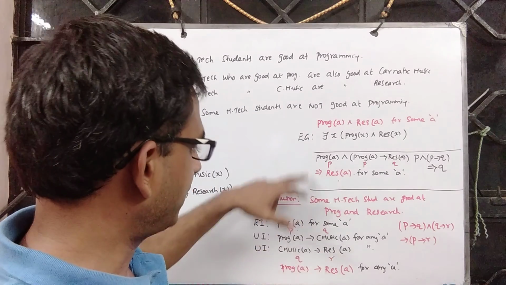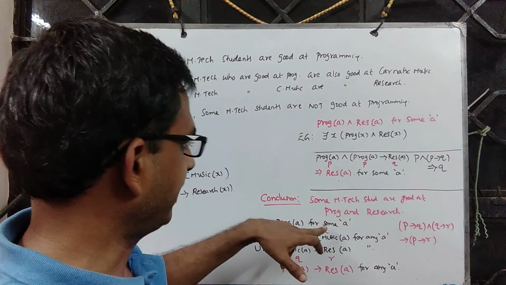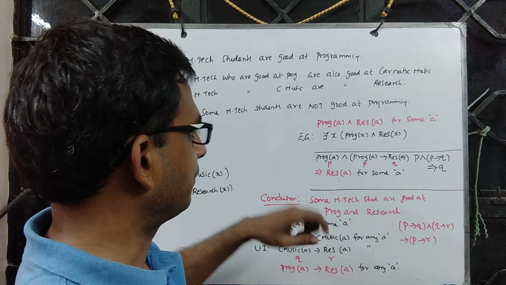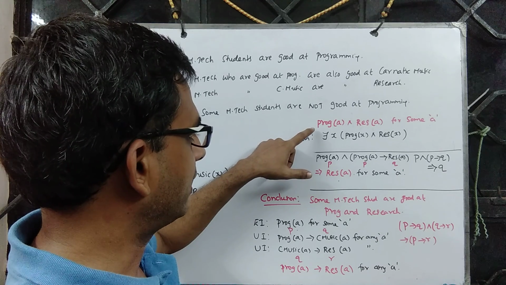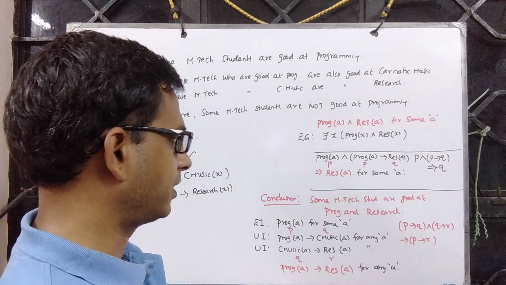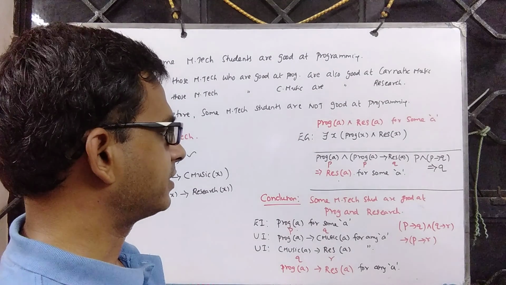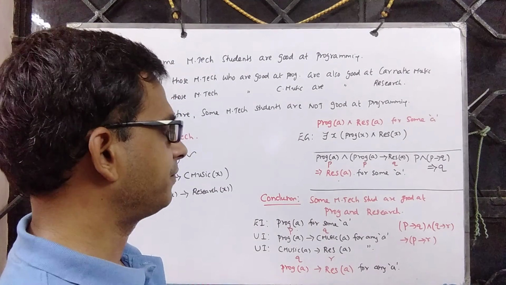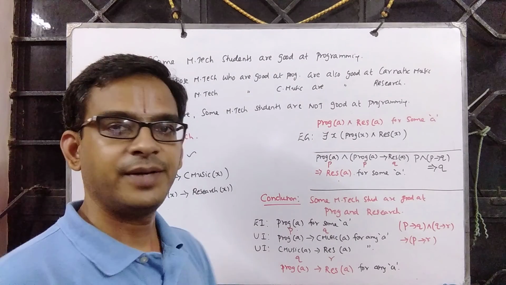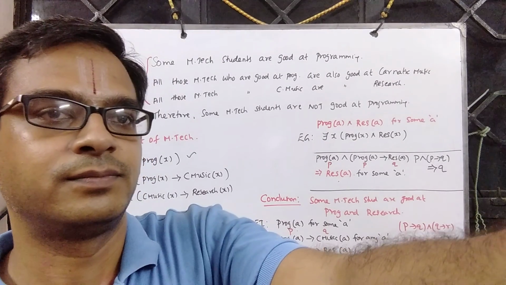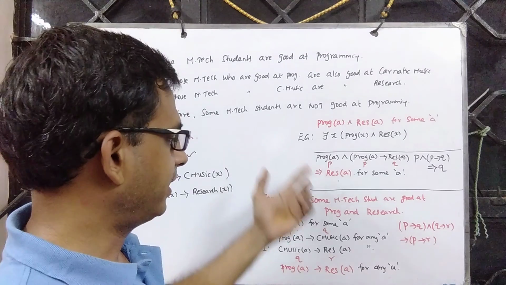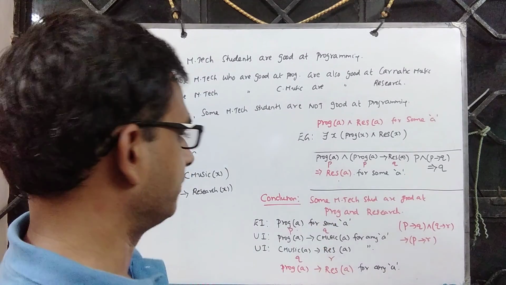So on one side you have programming of A for some A. On the other side you have research of A for some A. Therefore we conclude that there exists X, programming of X and research of X. Okay. Now on existential generalization, we get the desired conclusion.